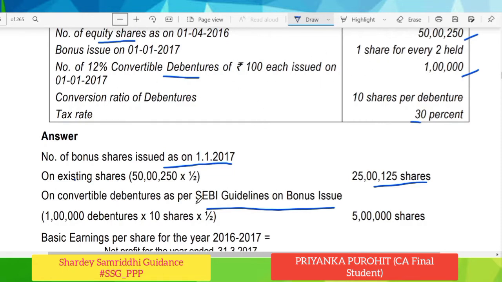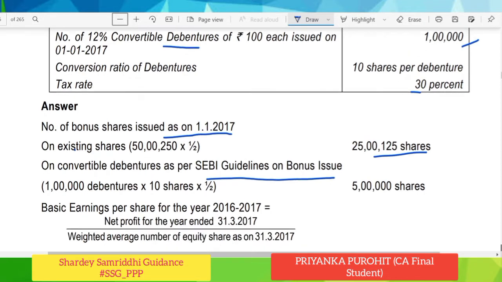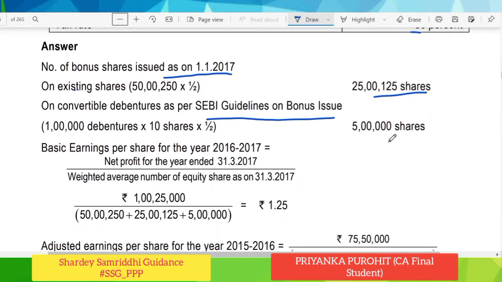Hence, as per SEBI guidelines, if bonus shares are issued, then bonus shares must be issued not only to the equity shareholders but also to the potential equity shareholders, that is in this case convertible debentures. And hence 1 lakh into 10 into 1 by 2, that is 5,00,000 shares. They will also get bonus shares.